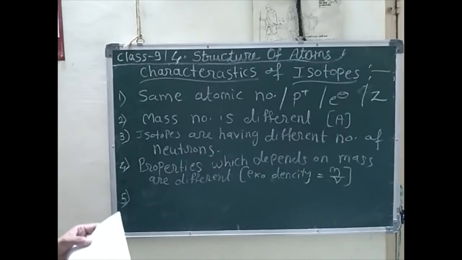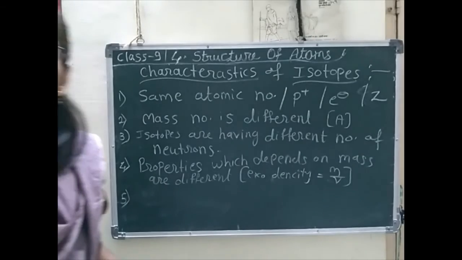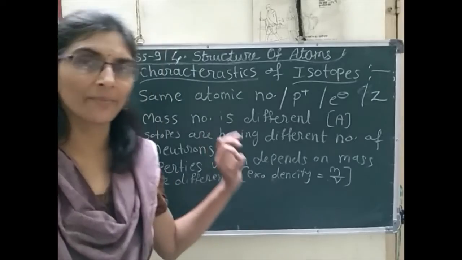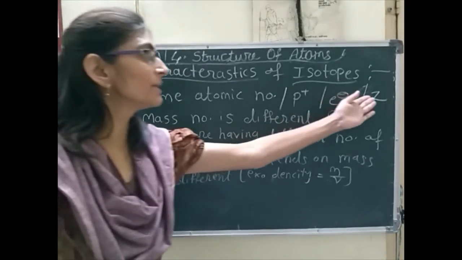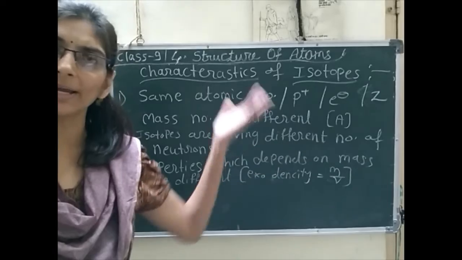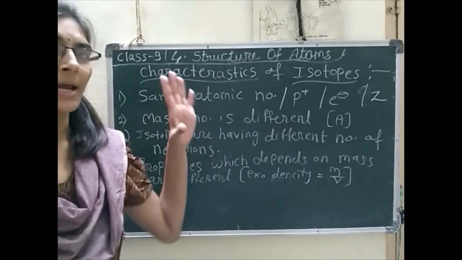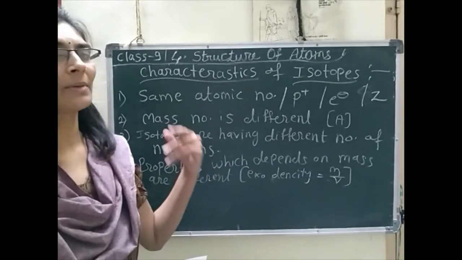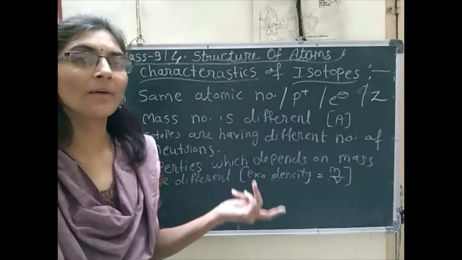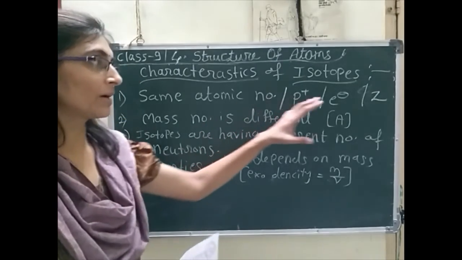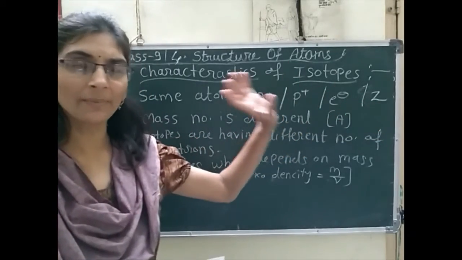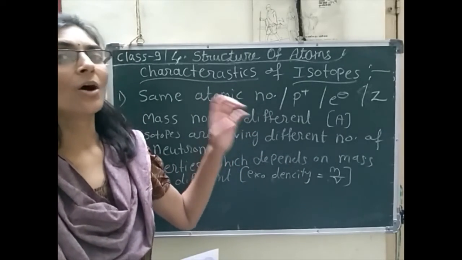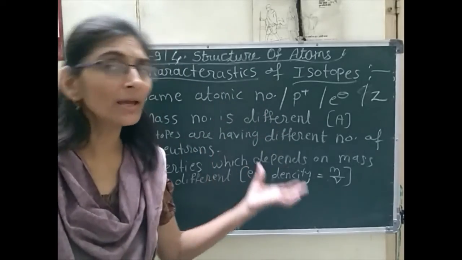Then the next characteristic is similar chemical property. As the atomic number is same, the electronic configuration must be the same, right? एटॉमिक नंबर यदि सेम है तो इलेक्ट्रॉनिक कॉन्फ़िगरेशन भी सेम होगा, इलेक्ट्रॉनिक डिस्ट्रीब्यूशन भी सेम होगा. इलेक्ट्रॉनिक डिस्ट्रीब्यूशन सेम है तो कंबाइनिंग कैपेसिटी भी सेम होगी, मतलब वैलेंसी भी सेम होगी. इसका मतलब ये नहीं कि वैलेंसी सेम है तो एटॉम सेम होते हैं, बट कंबाइनिंग कैपेसिटी और द इलेक्ट्रॉनिक कॉन्फ़िगरेशन शुड बी सेम.